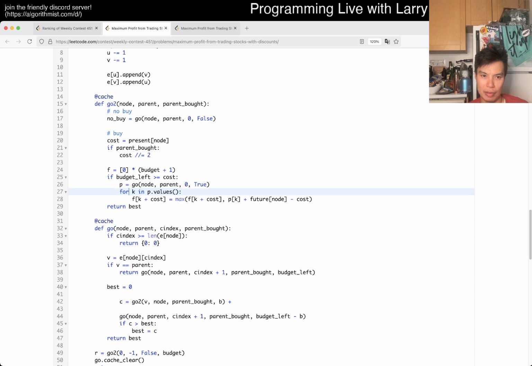And then now for i in range of budget, we may optimize it out later, but for now, I think this is fine. Or I guess let's make it k. So then now this is true, right? And then return F.